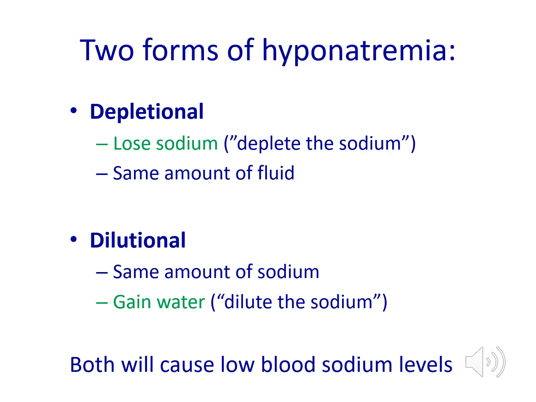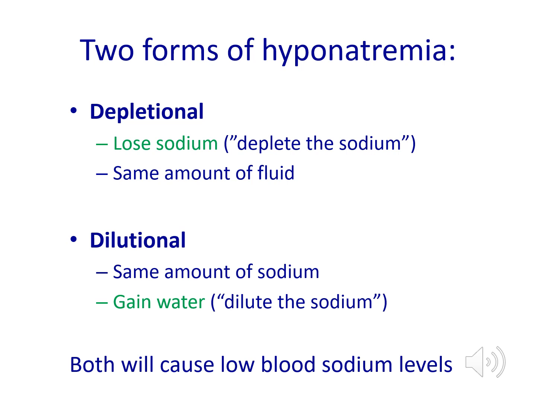We call that depletional hyponatremia. But you can also become hyponatremic by keeping the same amount of sodium in your extracellular fluid, but gaining a whole bunch of extra water there. So basically what we're doing by adding that extra water is we're diluting out the sodium in the blood. So now we have dilutional hyponatremia.